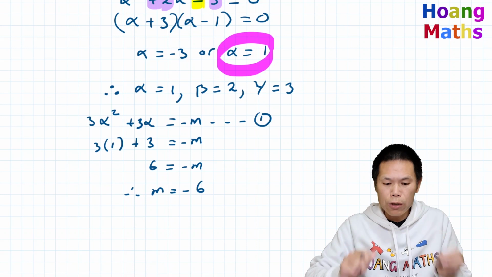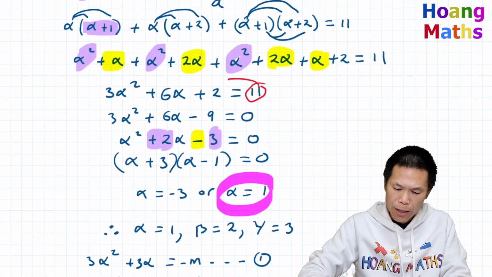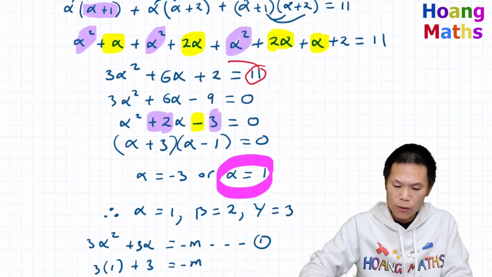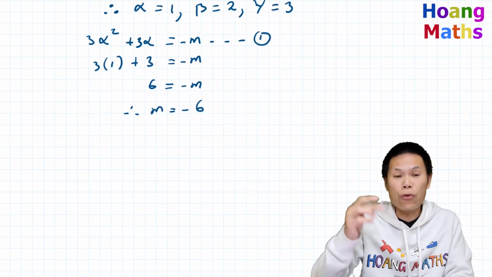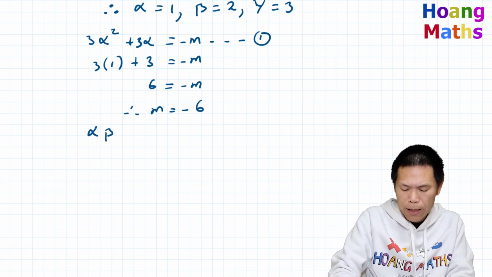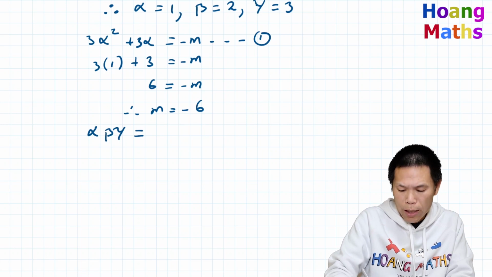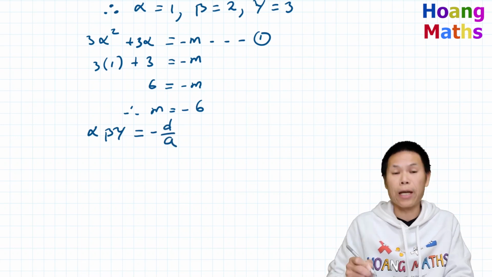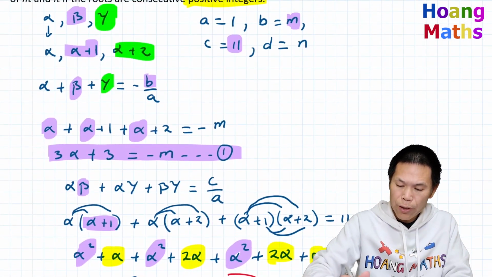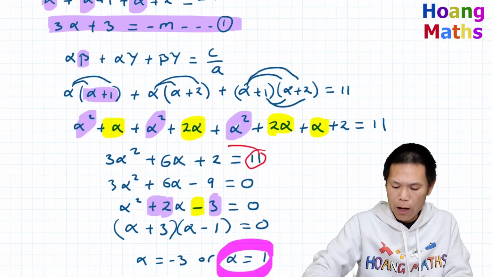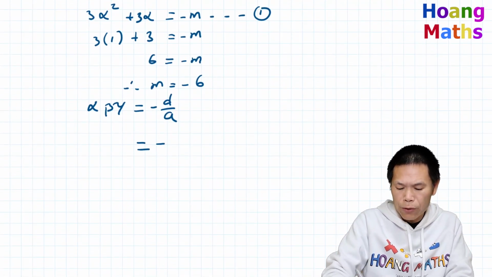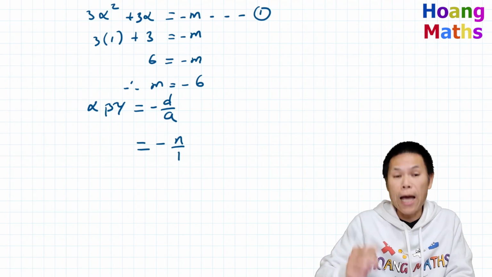There you go. So now we need to find the value of n. And we know that for n, we don't have any equation there just yet. And we know that the product of the roots alpha, beta, and gamma is equal to negative d over a. Okay, keep that in mind. And d is n. So now we just substitute that in. So that means negative n over a, and a is 1.